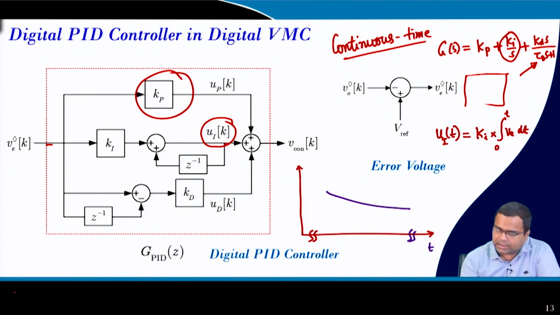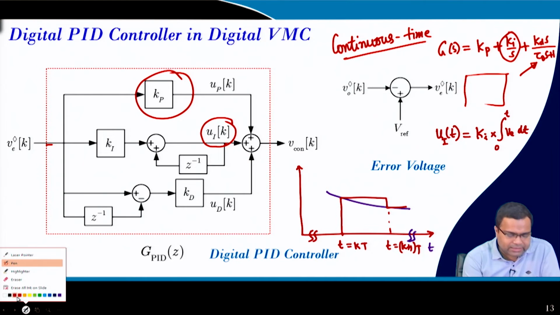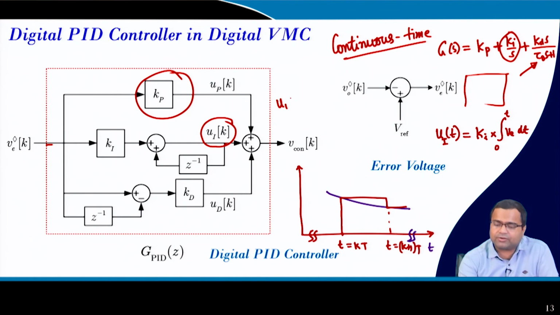In this part I am taking this sample, and this is my t equal to kT, and this is my t equal to k plus 1 T. So here we take the integration, u I, where we integrate the error voltage v error of t dt between kT and k plus 1 T.